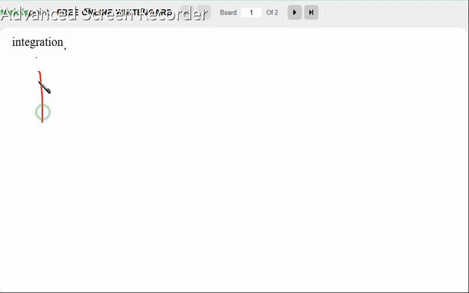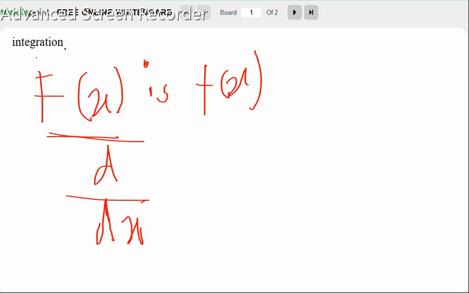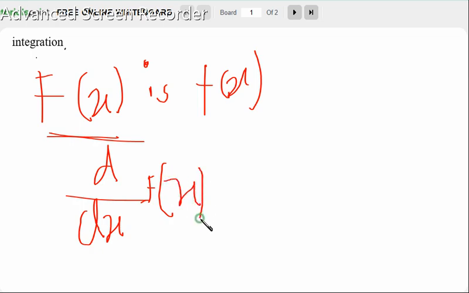So for example, if we take that F(x) is the antiderivative of this f(x), we can write this as d divided by dx of F(x), the derivative of F(x), equals f(x).